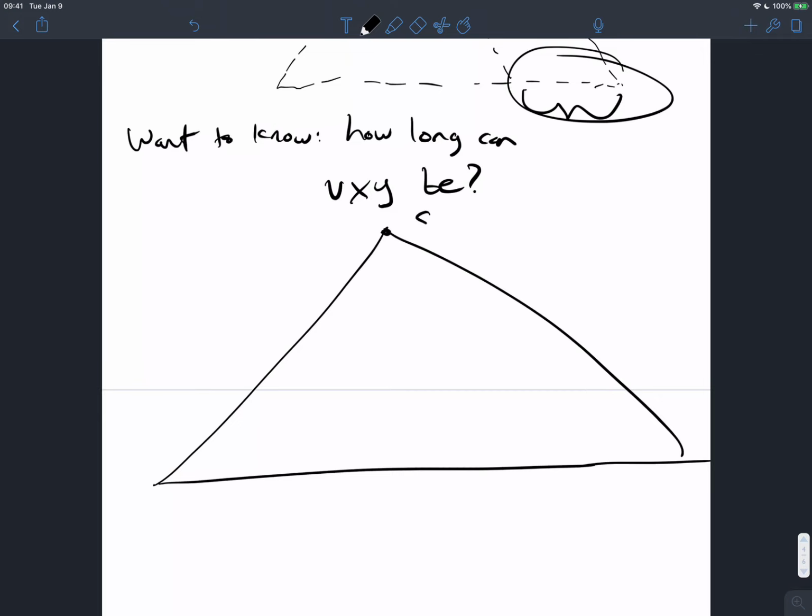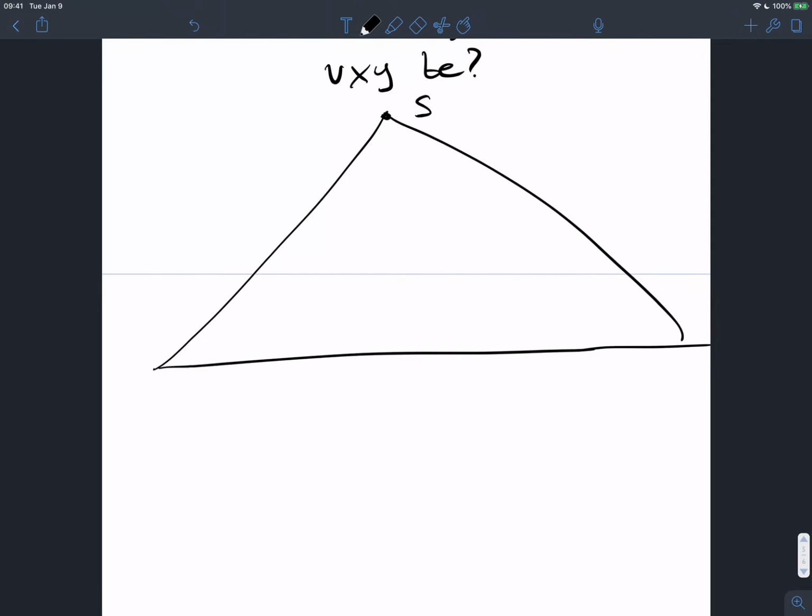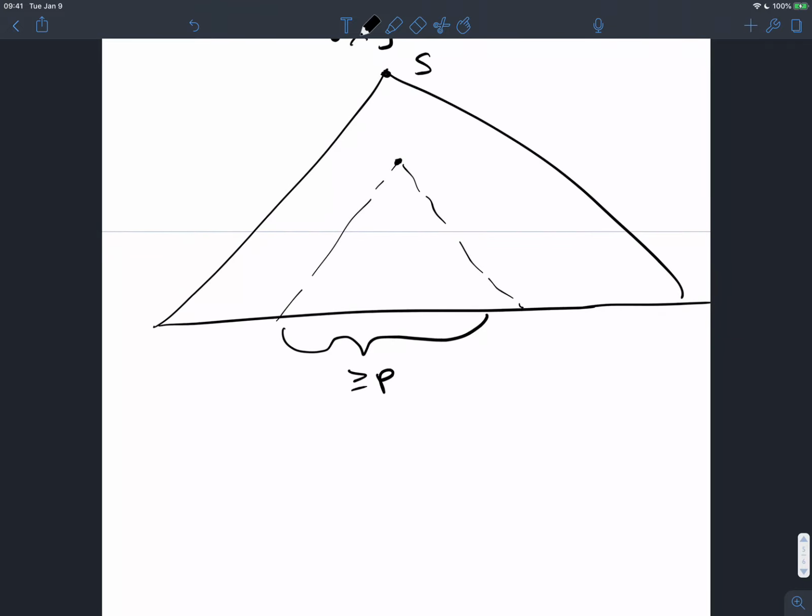So if I make a tree like this, and I take a subtree like this, any subtree at all, where it goes all the way down to the leaves, and I guarantee that this is at least p, that constant from earlier. So if I guarantee that whatever this subtree is makes at least p characters of the string, do I still have this repeating variable pattern?